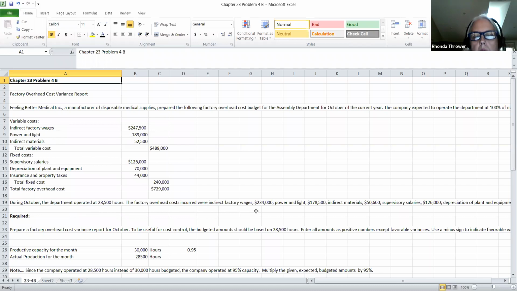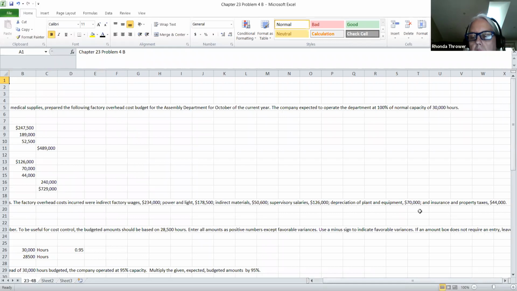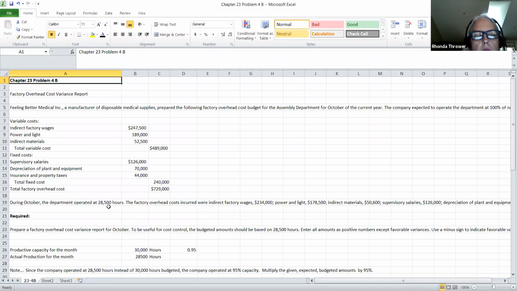The factory overhead costs that were incurred, the actual costs for that period, were $234,000 for indirect factory wages, power and light was $178,500, indirect materials was $50,600, supervisor salaries was $126,000, depreciation of plant and equipment was $70,000, and insurance and property taxes was $44,000. Those are your actual costs that happened.